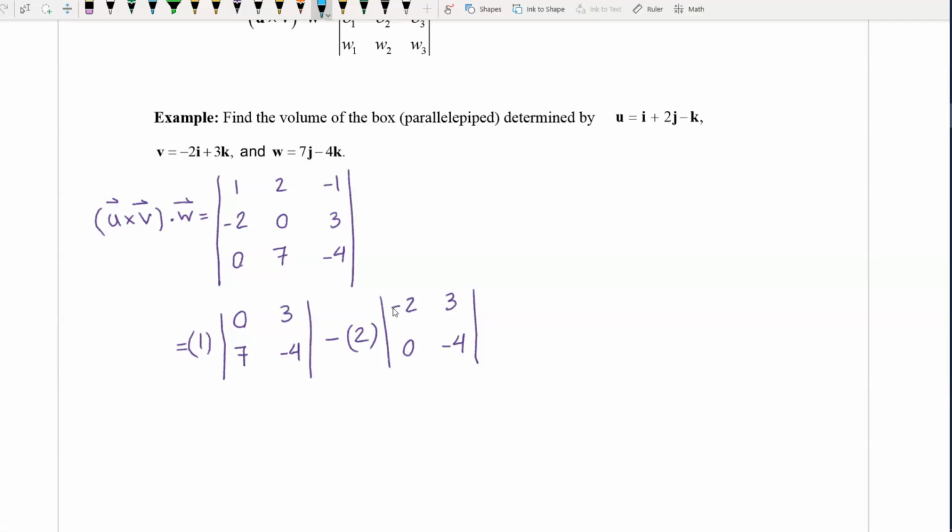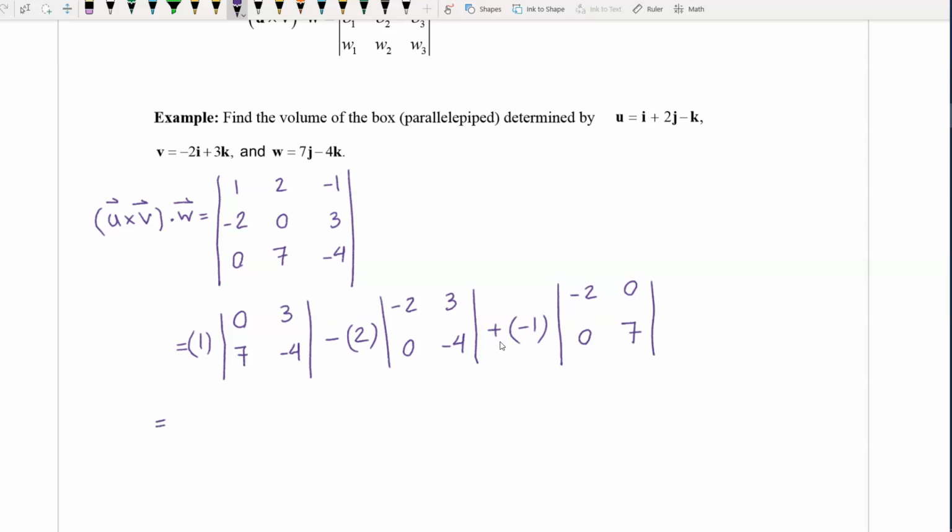And finally on this part, we have that number, negative 1, multiplied by these numbers in our matrix. So plus negative 1 times, we had negative 2, 0, 0, 7.